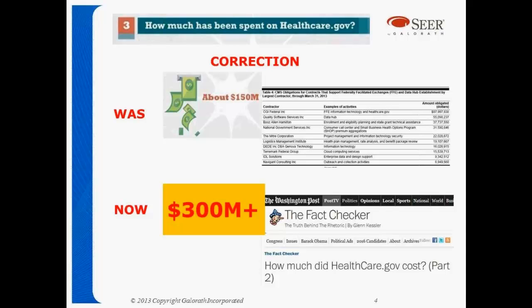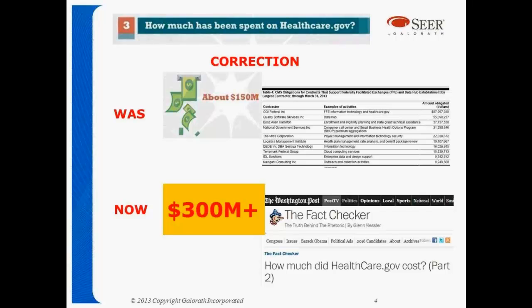And we eventually found that the best reporting on this, and the best person to put together these numbers, was at the Washington Post, the fact checker. When that person revised his number to $300 million, we backgrounded that number, and we found that $300 million approximately was a good cost figure for the website and related technologies to date.